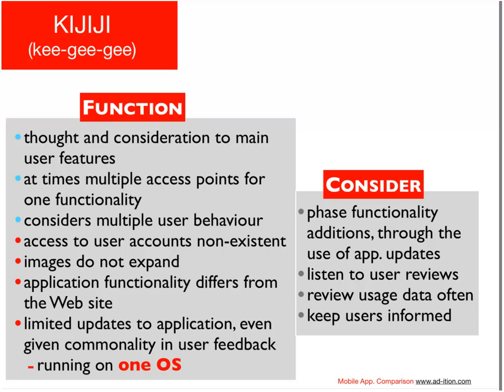The issue, though, with the function that we found in looking at the Kijiji application, and one of the common complaints from folks using their application, is that there was very little correlation between what's happening on the mobile app and what happens on the website.